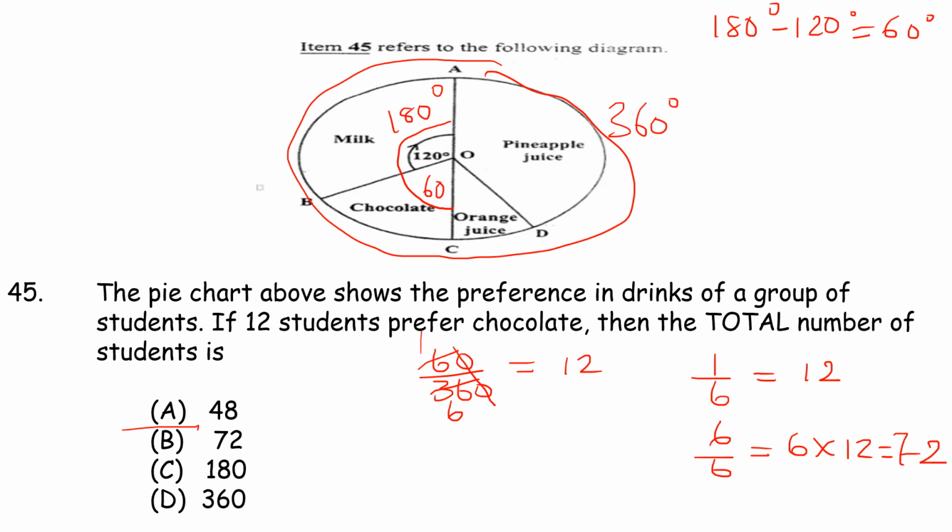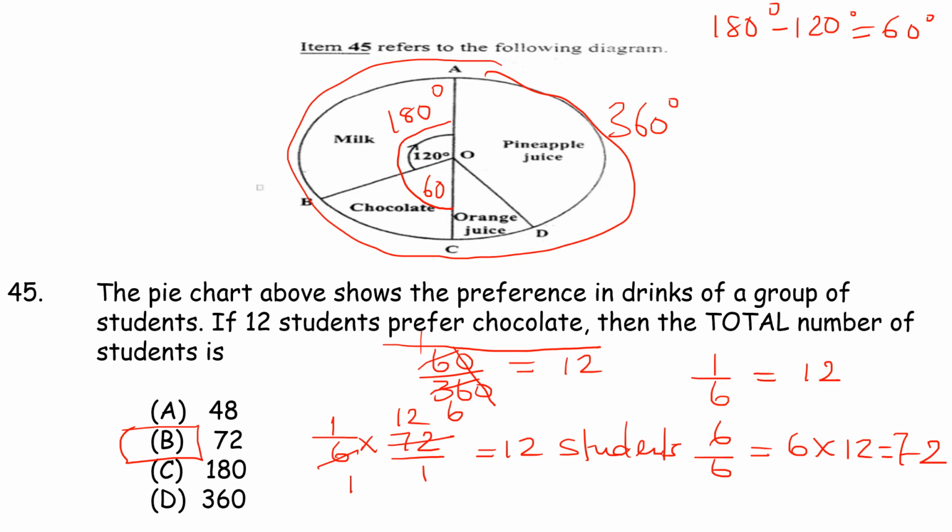So the answer is B. And if you check, you will know that you're correct. 1 over 6 times 72, that's the total number of students. 6 into 6 is 1. 6 into 72 is 12. So 12 students, as mentioned, prefer chocolate.